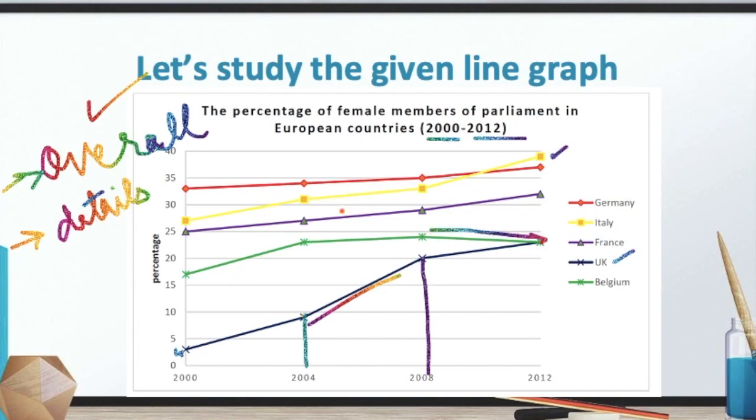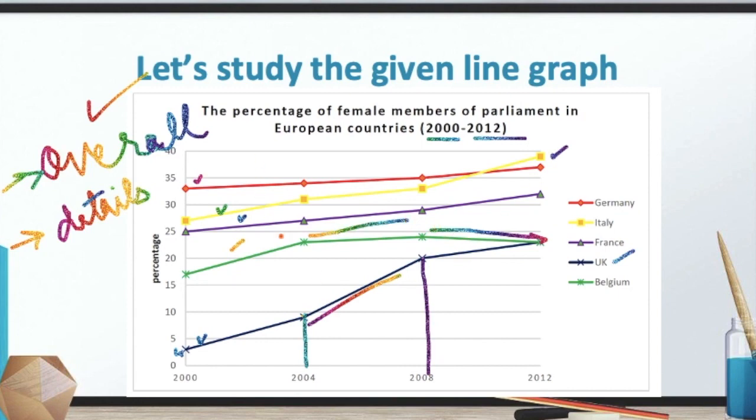Otherwise everyone is increasing. So if you talk about the gradual, very slow increase, we can see that for Germany and for France. But if you talk about a dramatic increase, it is definitely the UK and Italy also. It is Belgium that increased, then remained stable, remained a little steady, and then declined marginally.